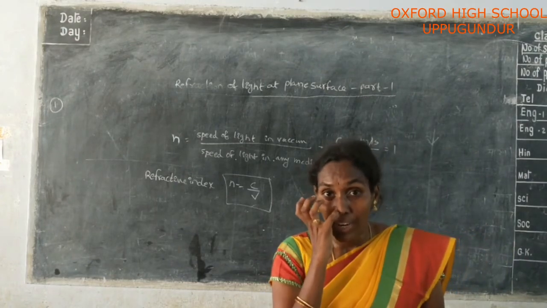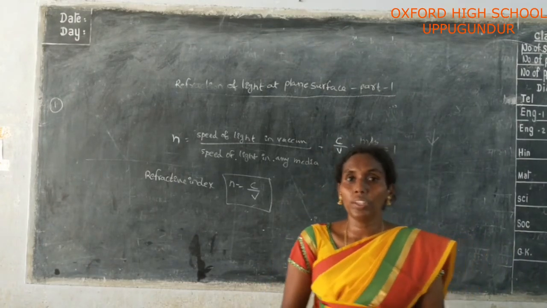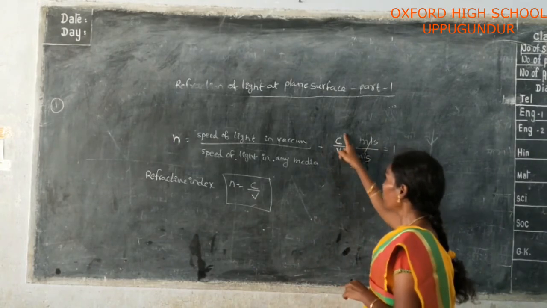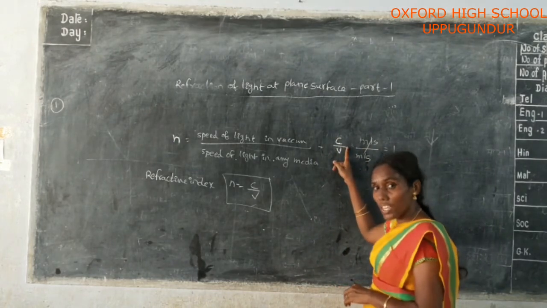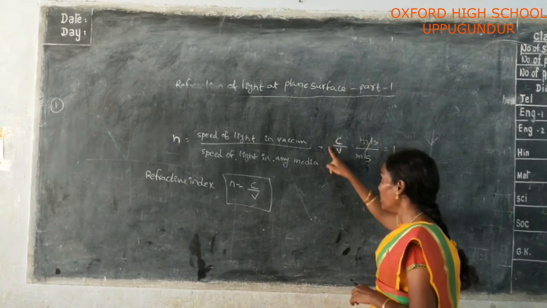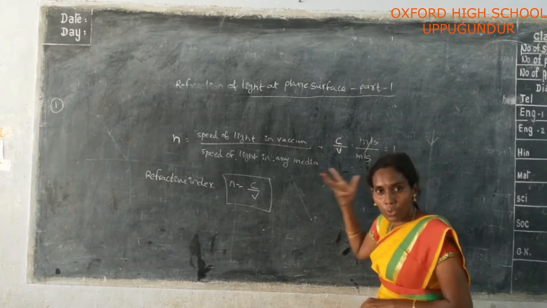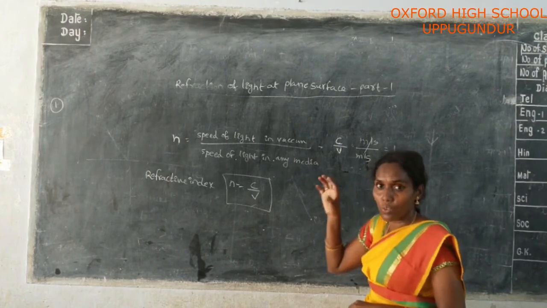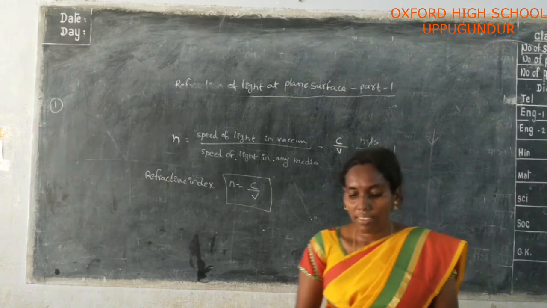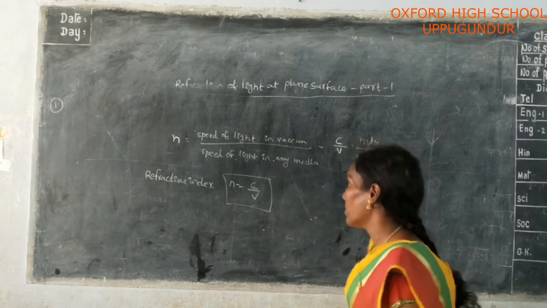That's why refractive index has no units, because the units of these two physical quantities are the same. It is a dimensionless quantity.